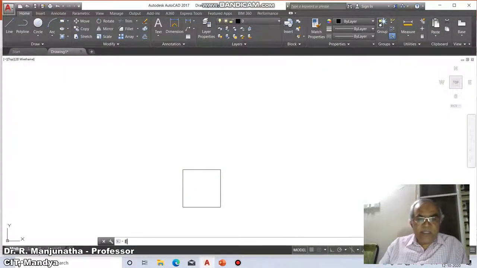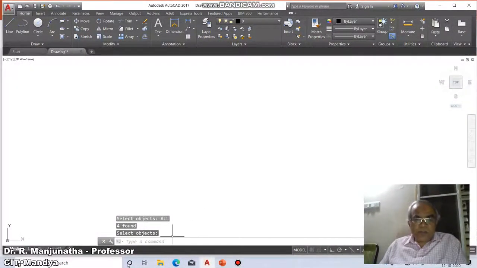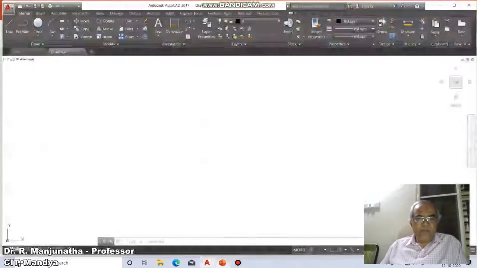Command is erase, E, select objects, type all. So you erase all the entities. The first coordinate we need to consider, I will again consider 200, 200. That is the first point.